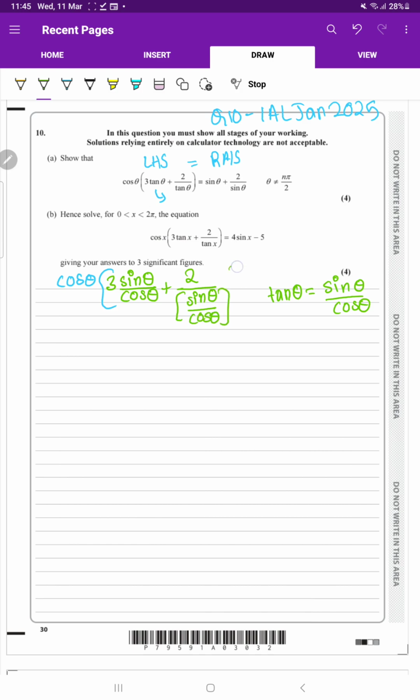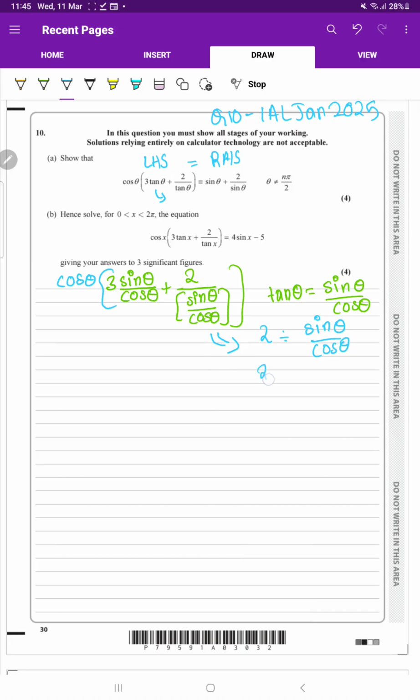Now let's just manipulate this one over here. This is basically saying 2 divided by sin theta over cos theta.